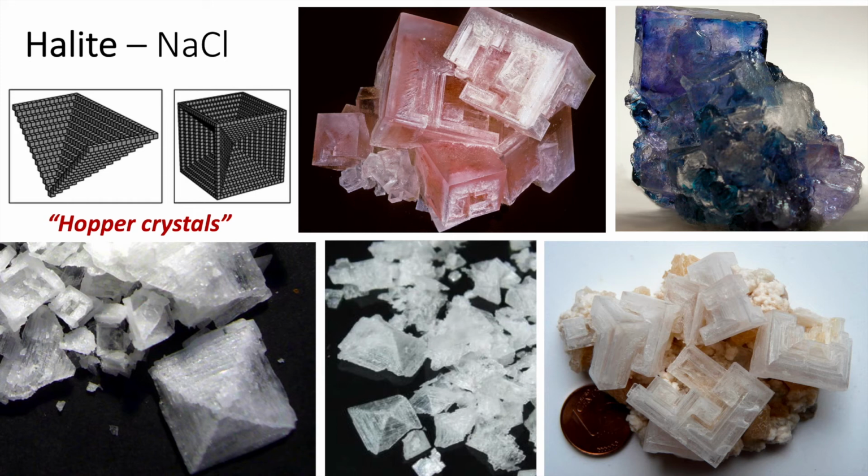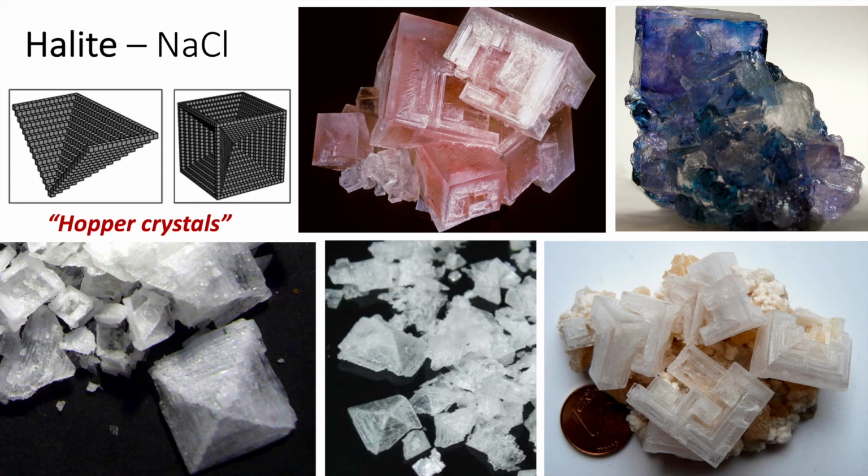So we've got a beautiful pink halite and a beautiful blue halite here. If you get Himalayan sea salt, it's often pink, and that pink color is usually coming from little bits of iron and other cations trapped within the structure of the salt.